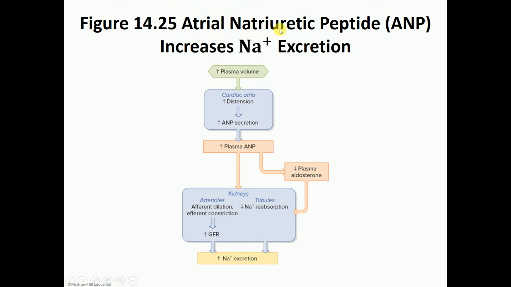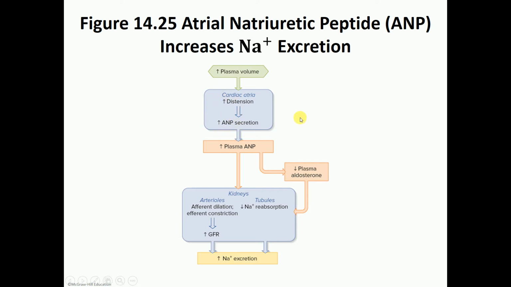Natriuretic means that it helps in the diuresis, or the excretion in urine, of sodium. It is obviously a peptide hormone, and the stimulus for its release from the atrium would be the increase in blood volume. That stretches the atria of the heart, stimulates it, and that's the stimulus for the secretion of ANP.